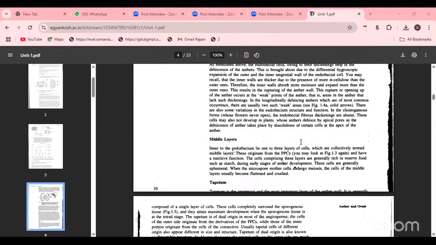These originate from the primary parietal cells and have a nutritive function. The cells comprising these layers are generally rich in reserve food material, mainly starch grains. During early stages of anther development, these cells are generally ephemeral.